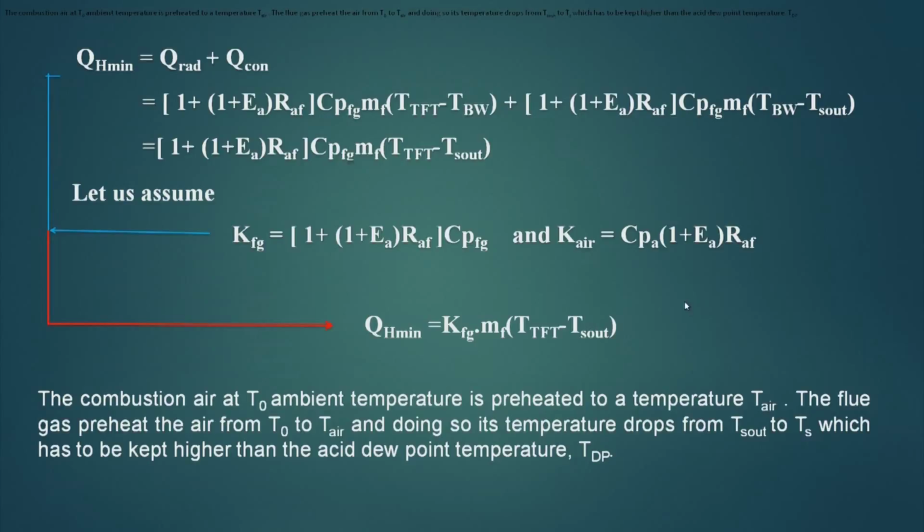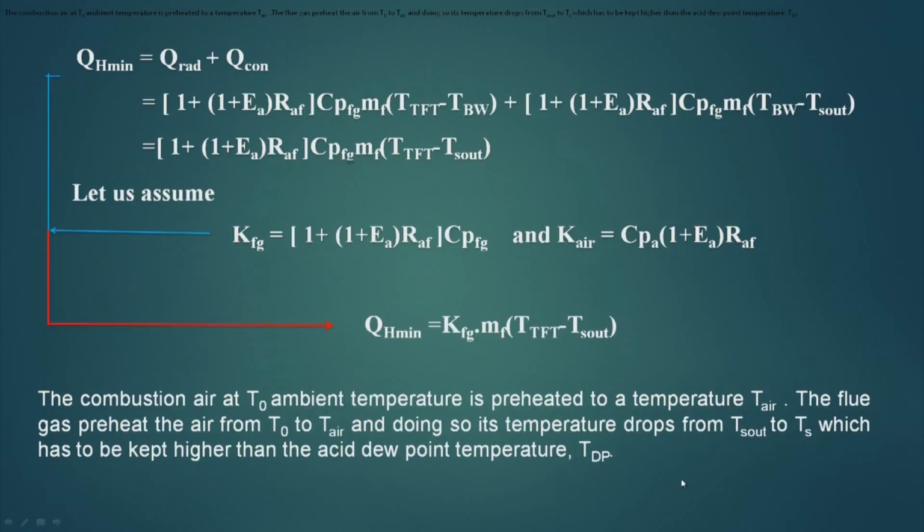The combustion air at T 0 ambient temperature is preheated to a temperature of T air when we are doing the preheating of air. The flue gas preheats the air from T 0 to T air, and doing so the temperature drops from T S out to T S, which has to be kept higher than the acid dew point temperature T D P.